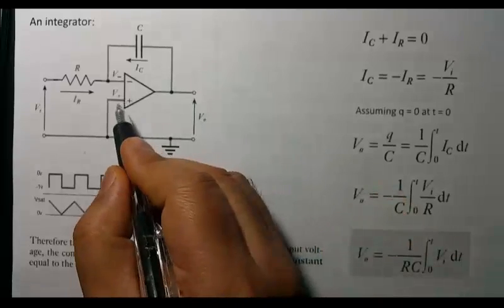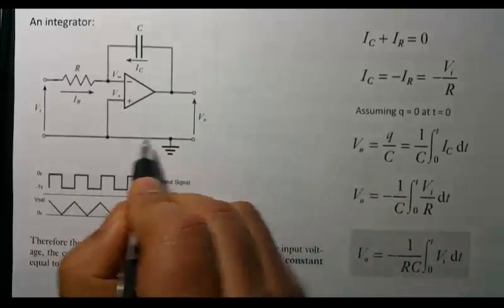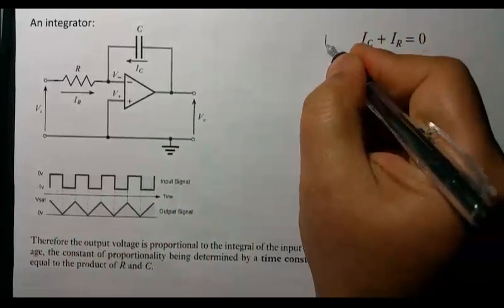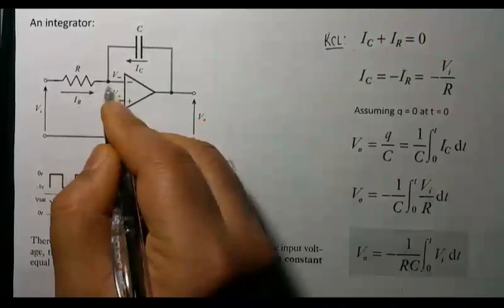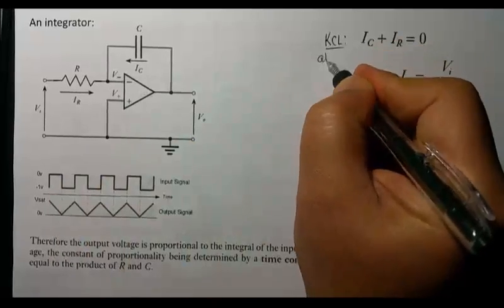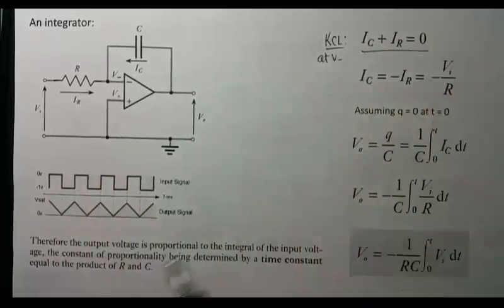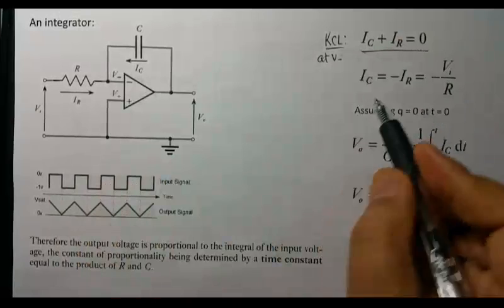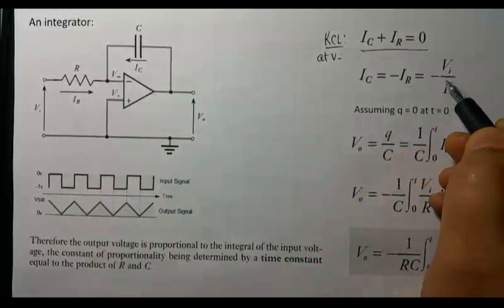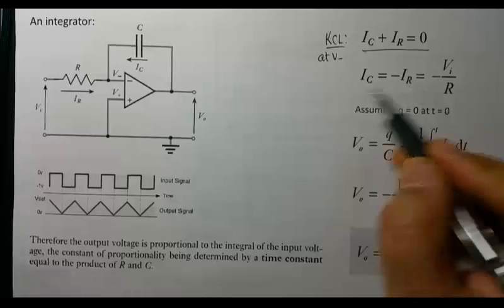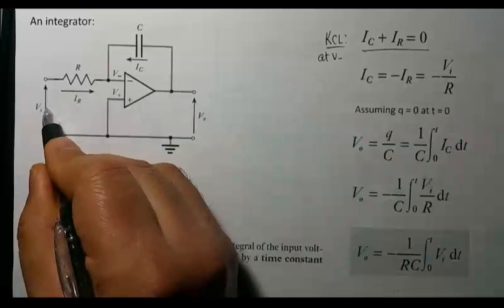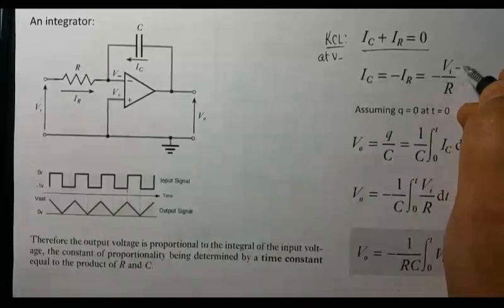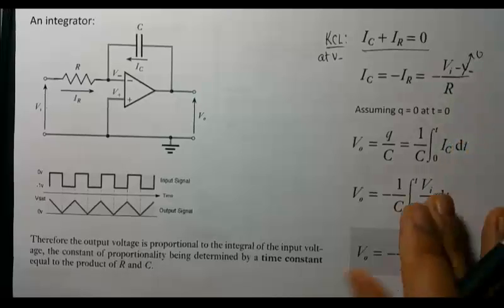And again, V plus is connected to the ground, so this is at virtual ground. So again, if you apply KCL, the sum of the total current is 0. IC is negative VI over R, because the resistor current is the input signal divided by R, since V minus is at 0.